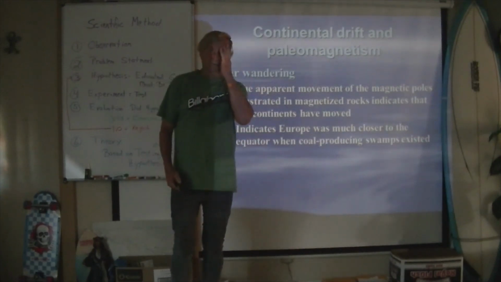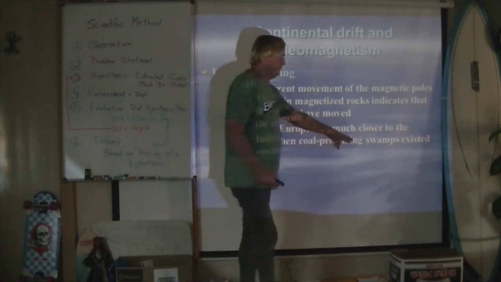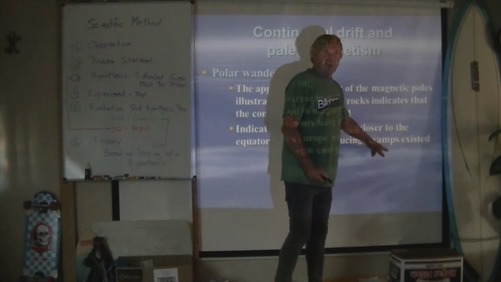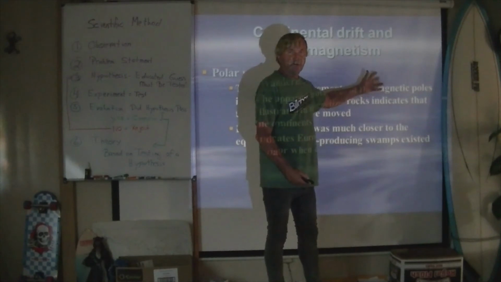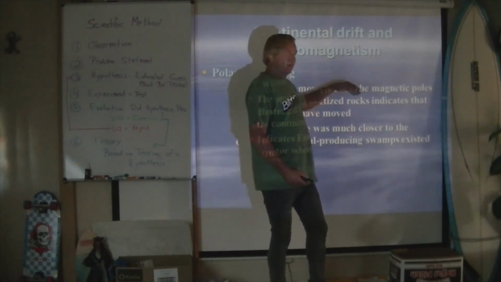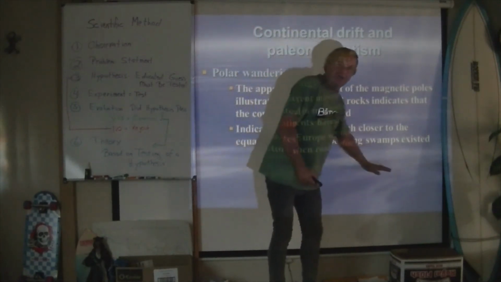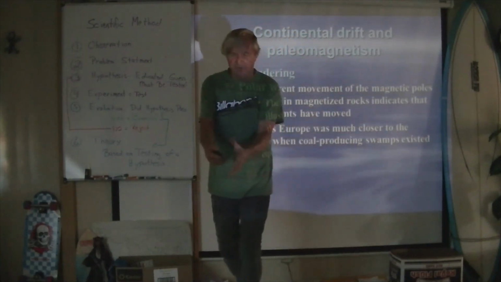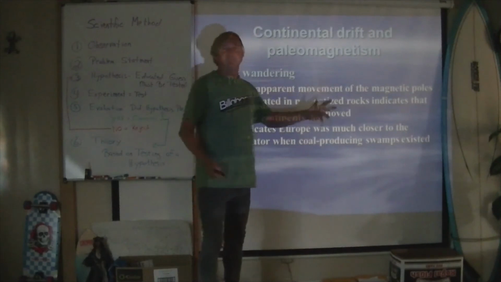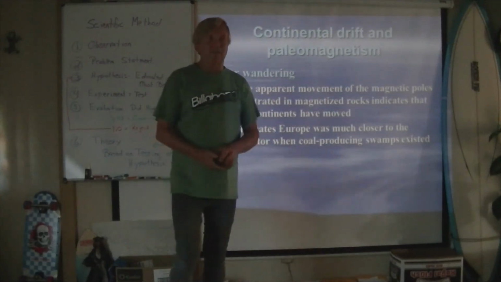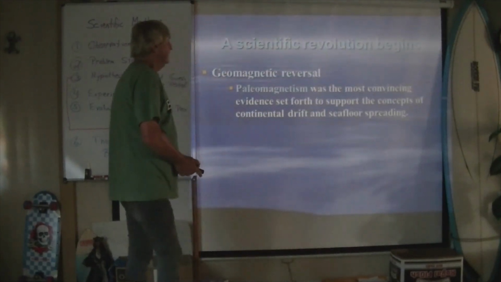And then they talk about, well, remember Wegener talked about the swamps producing coal? And yet we find coal in northern Europe and North America? Maybe those continents were further south. So when they actually push the continents back together again, reform Pangea, the polar wandering curves matched. So basically the poles did not move, the continents did.